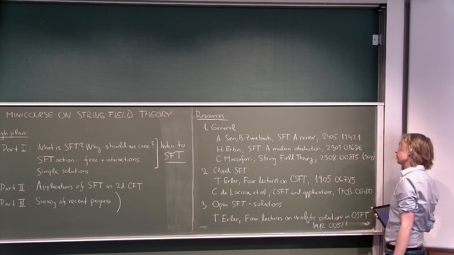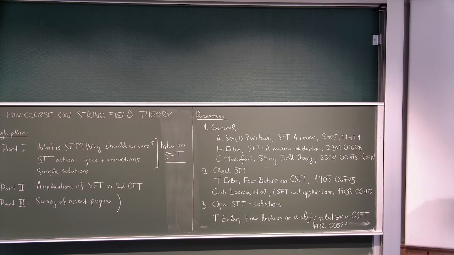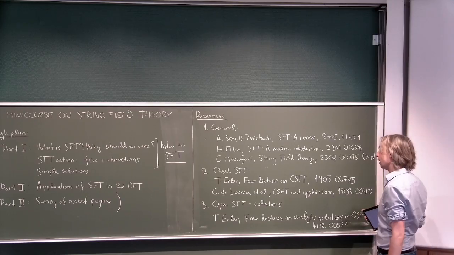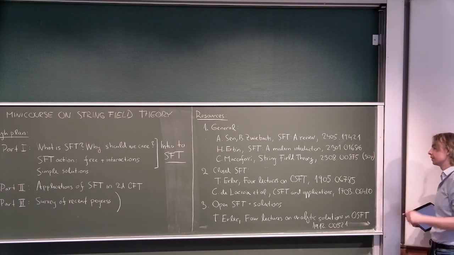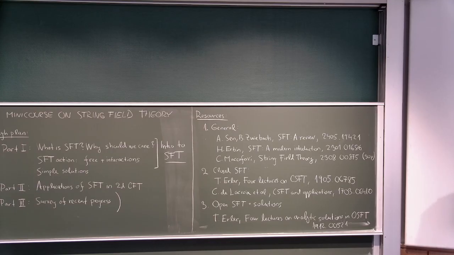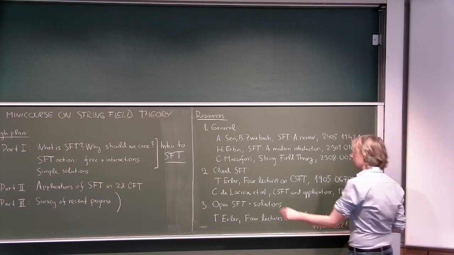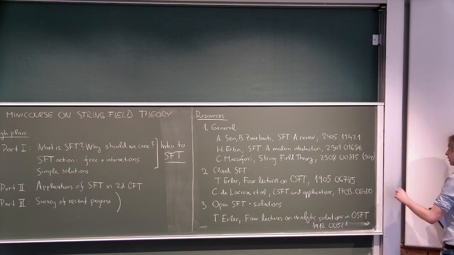Then there is a book by Harold Erbin about string field theory, which does not contain only string field theory. It also discusses in quite some detail the basics of the BV formulation of string theory, and also of 2D gravity. Finally, if you find yourself unwilling to read this review, which has about 150 pages, or this book, which is about 300 pages, there is this very short review by Carlo Maccaferri, which is only 30 pages. So that is very nice and concise.